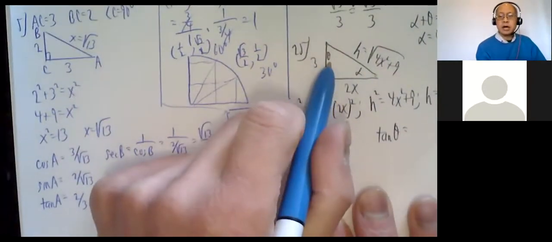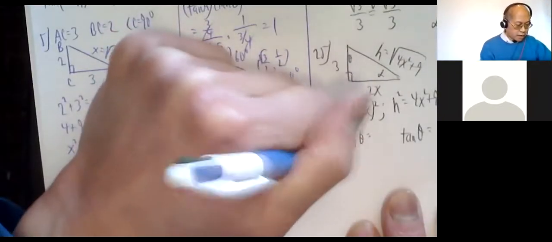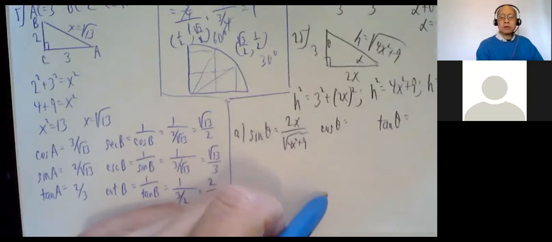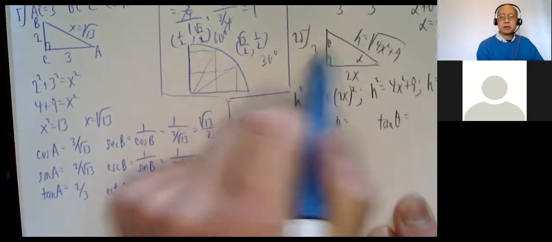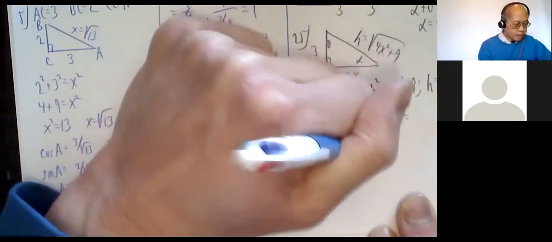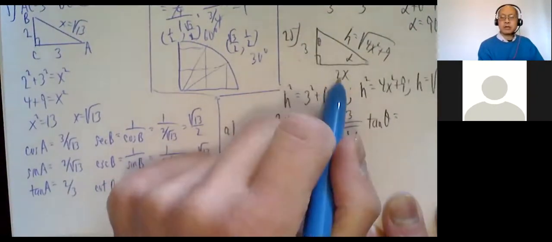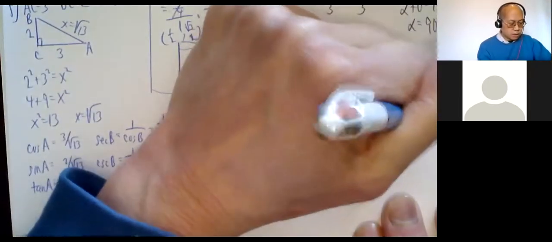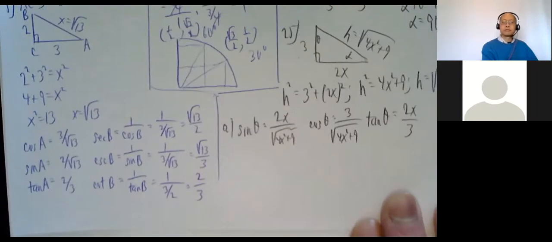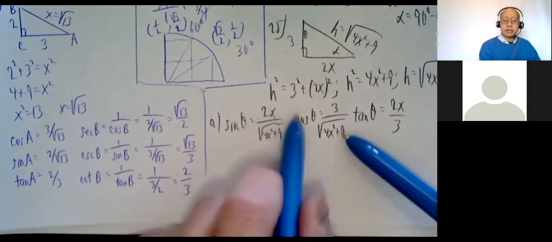So sine is opposite over hypotenuse, 2x over radical 4x squared plus 9. Cosine is adjacent over hypotenuse, 3 over radical 4x squared plus 9. Tangent is opposite over adjacent, 2x over 3. And yes, you could say sine divided by cosine. If I take this divided by this, that radical stuff drops out. I just have 2x over 3.